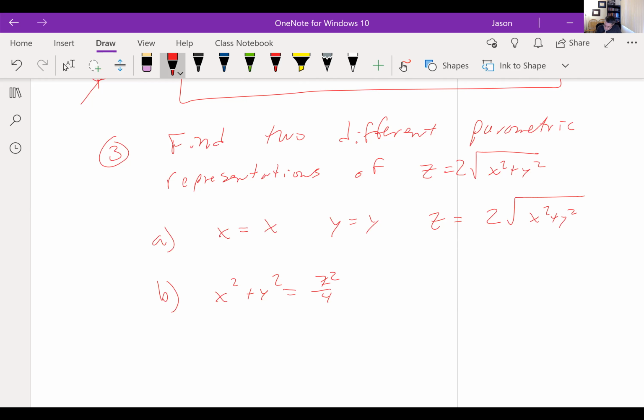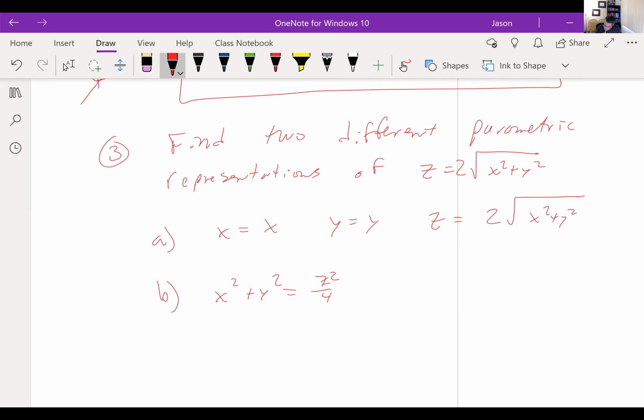I'm going to parametrize this in 3-space using 2 variables. So this is r of x comma y is equal to, well, we're going to parametrize this so that x is equal to x, y is equal to y, and z is equal to x squared plus 2y squared.